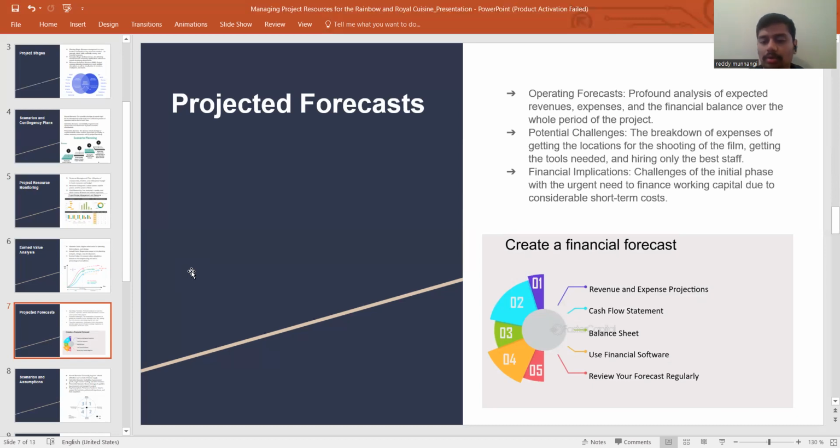We use financial software. For example, I used Excel for this budgeting. There is other software available in the market, and by reviewing your forecast regularly, as I said earlier, you can maintain the standard line.